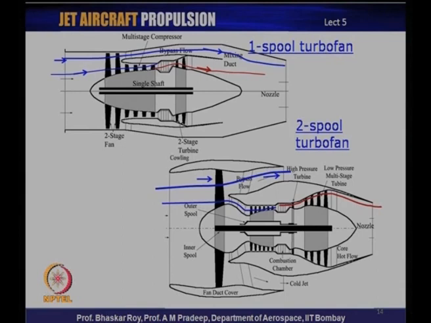And after the fan you have this bypass. In this turbofan engine there is a certain amount of bypass, a cold flow that bypasses the basic hot engine and mixes much later in the jet pipe, and the mixed flow goes out through the common nozzle.